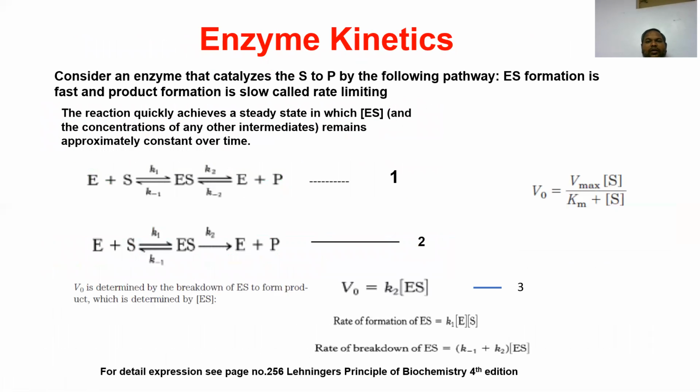The enzyme kinetics. Here, enzyme plus substrate forms the enzyme-substrate complex. The rate constant for the forward reaction is k1, and it is a reversible reaction, so the rate constant is k minus 1.